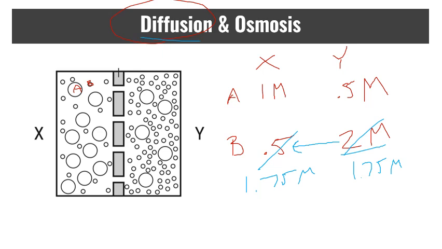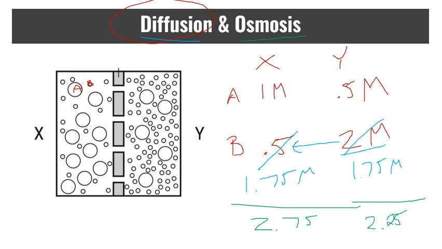Okay, osmosis looks at the total. So if I look at osmosis, that's 2.75, right? And that's 0.5 and 1.75, so I've got 2.25.